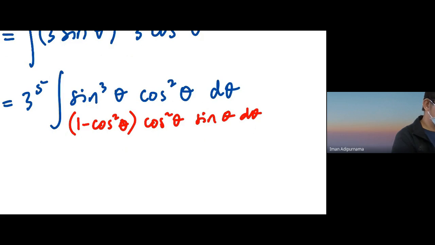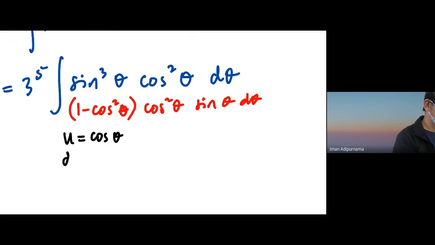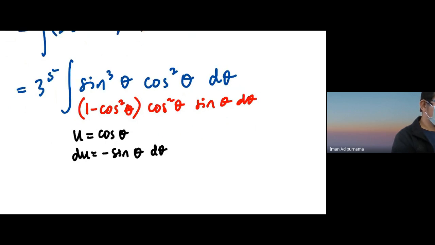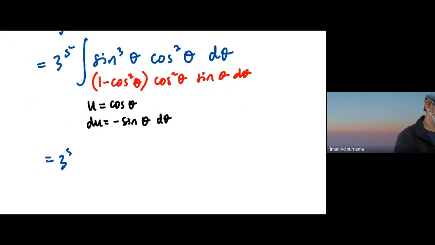So take u as cos theta, so du is negative sine theta d theta. So it will be 3 to the power of 5, and this will be 1, or we have minus, right?